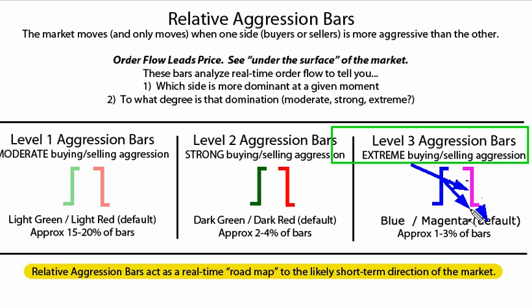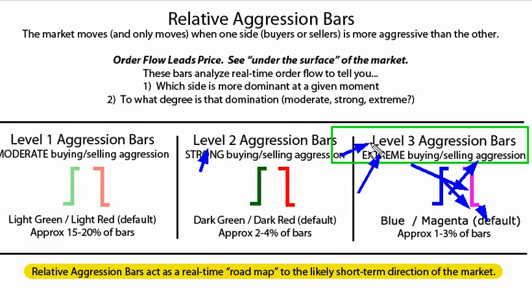However, if there is not follow-through and it gets rejected pretty quickly, it's probably capitulation. We're out of gas. The market's going to head in the opposite direction. So we really want to monitor, is there follow-through, is there rejection, especially on these level 3 bars. And these level 2s can give us a heads up as well, but especially on these level 3 bars.